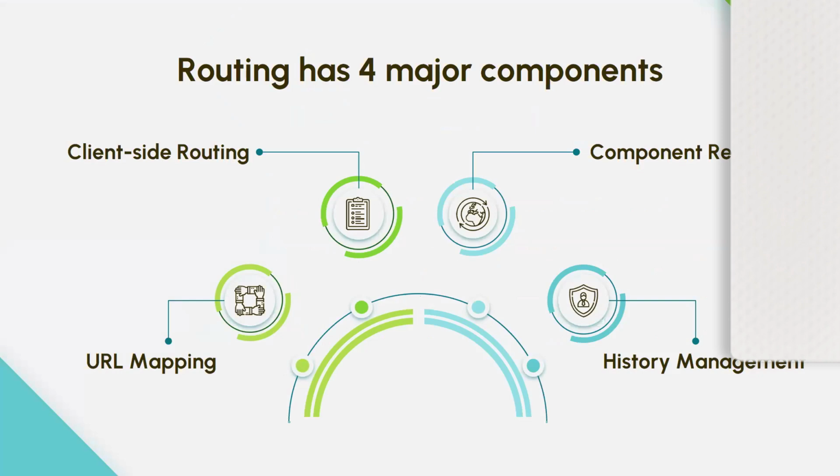I'll show you guys in a demo how these things are working, right? So first thing is you have to map your URLs. Then you have to implement the routing based on that mapping. And then after doing that, you have to render that component in the HTML page. And then you have to manage the history.